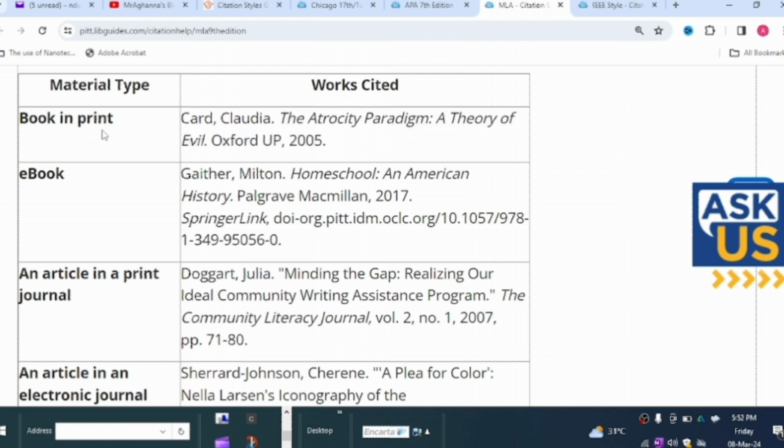If it is a book that you consulted in print, then what follows is the place where the publication was made, and finally the year of publication.